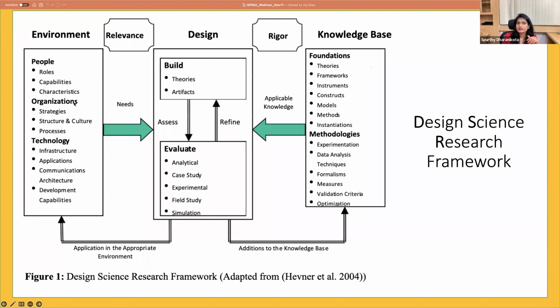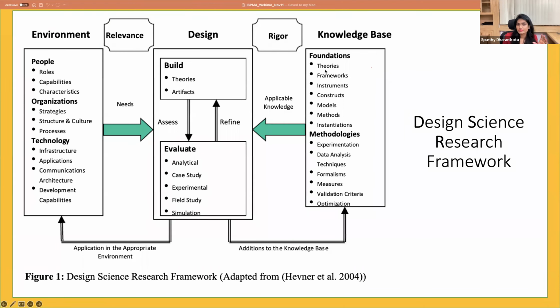And then on the third, on the right-hand side, you now see the rigor cycle, wherein there's a knowledge base. So you're not the first one who's doing research, correct? There are a lot of researchers who have already done research in newer disciplines. Let's take the example of product management. There are already foundations and methodologies that researchers have used to develop artifacts in your discipline.